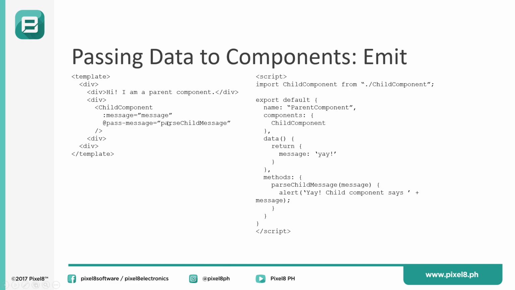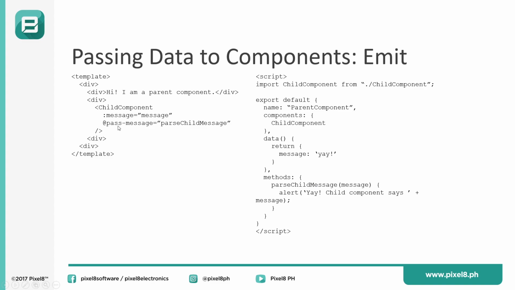In this case, you can see that the parent component is waiting for a pass message event right here. So once the pass message event gets triggered by the child component, the parent component shall fire this function right here, which is a method for the parent. Also, you will notice that there is a message property here. What does this mean?